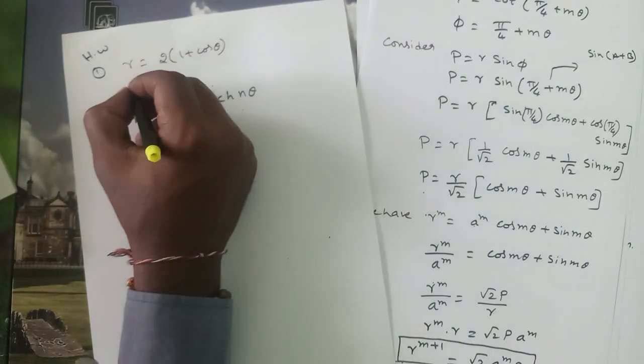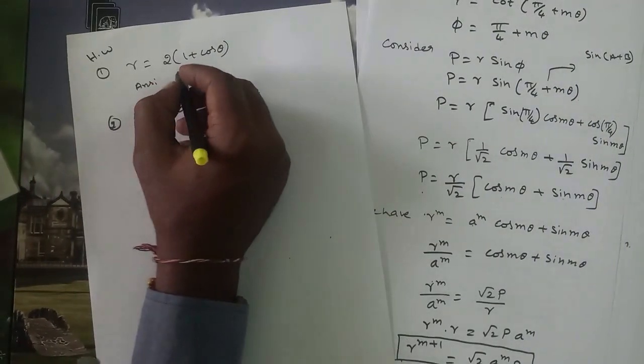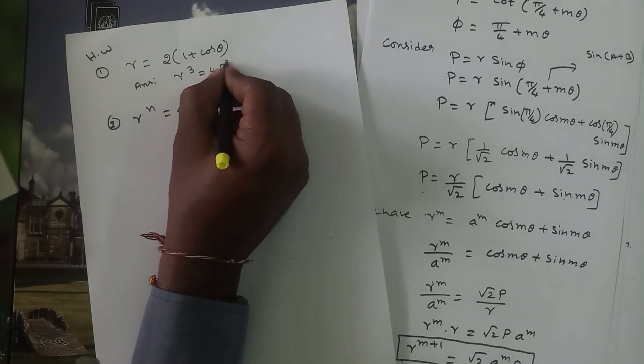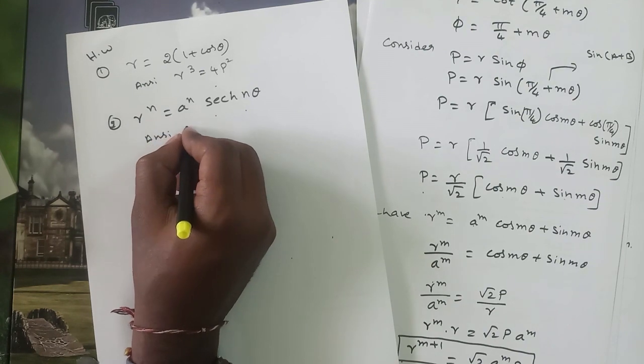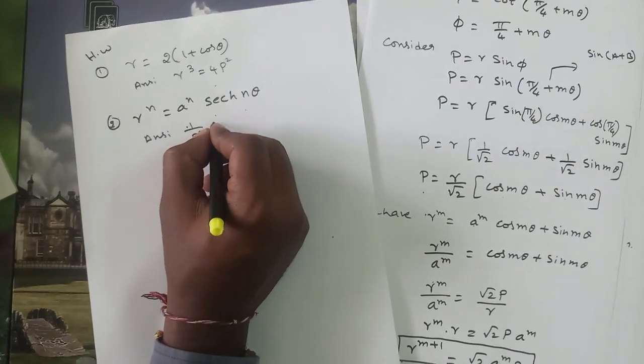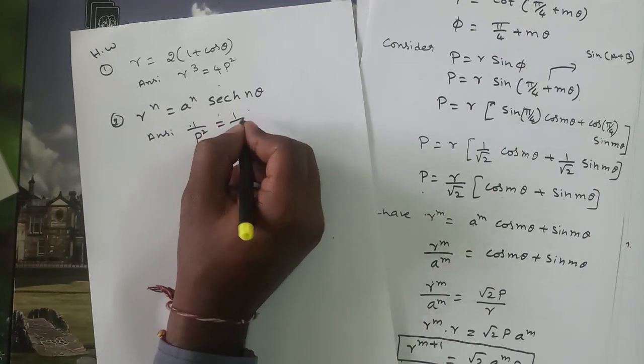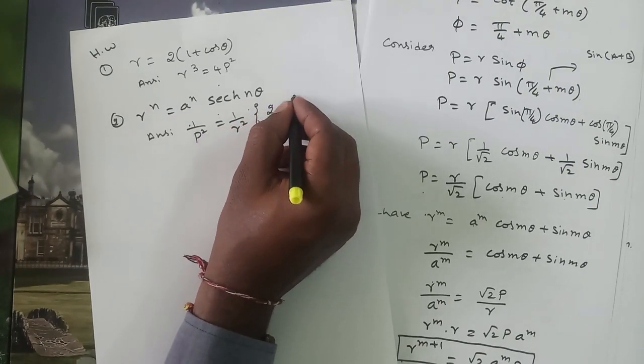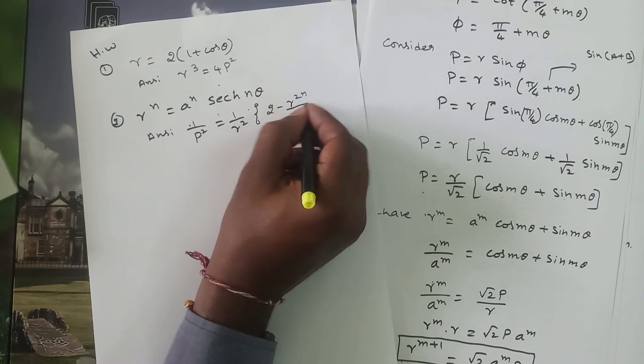For this one the answer is we'll get r cube equals 4 into p square, and for this one the answer is 1 over p square equals 1 over r square into 2 minus r to the power of n divided by a to the power of 2.